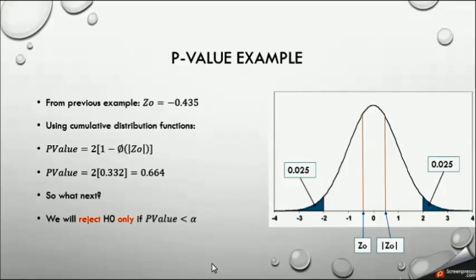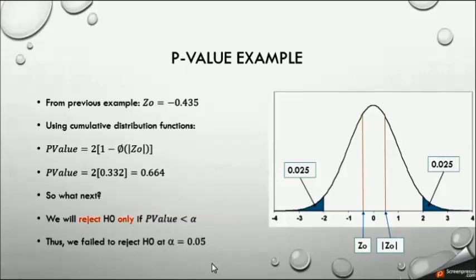So we will use the p-value to examine our hypothesis. The rule says that we will only reject H0 if the p-value is less than alpha. If the p-value is less than alpha, we are going to reject the null hypothesis H0. But in our case, we have alpha only 0.05.